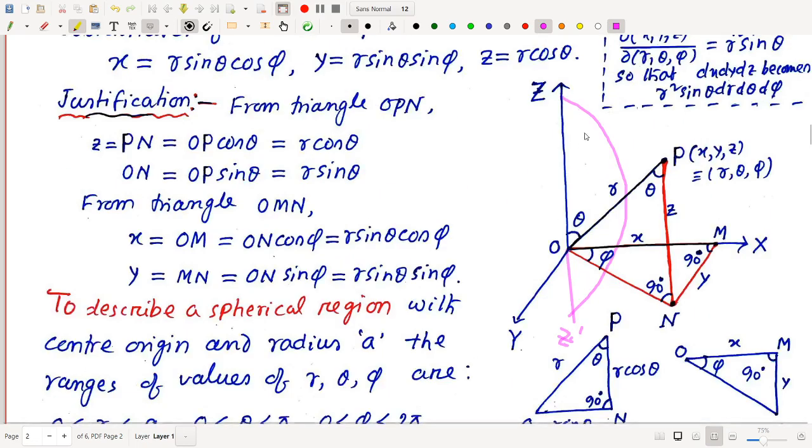Now if we revolve this disc about the z-axis through 360 degrees, we shall get a spherical region. The plane of the semicircular disc makes an angle phi with the z-axis plane. So if phi varies from 0 to 2 pi, the rotation will be 360 degrees.